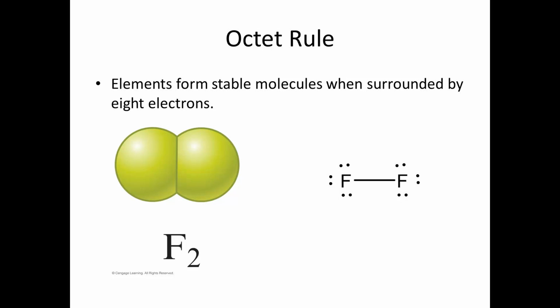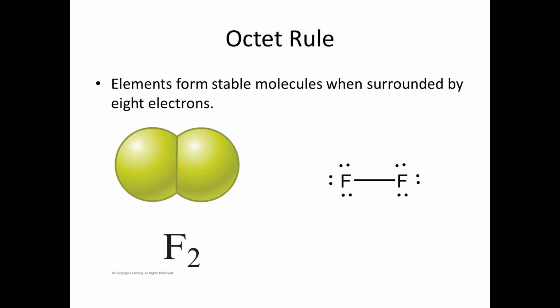Now let's look at fluorine. Fluorine has 7 valence electrons. It is a halogen. All halogens have 7 valence electrons. Fluorine is also a diatomic. Each of the fluorine atoms shares 1 electron with the other fluorine atom.